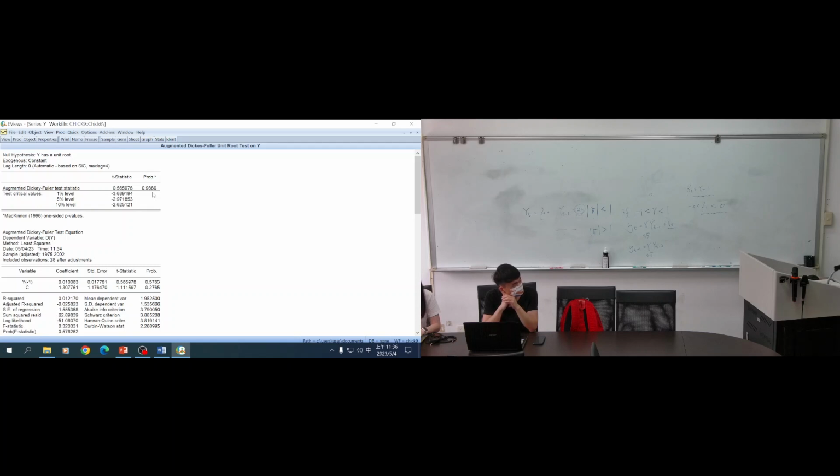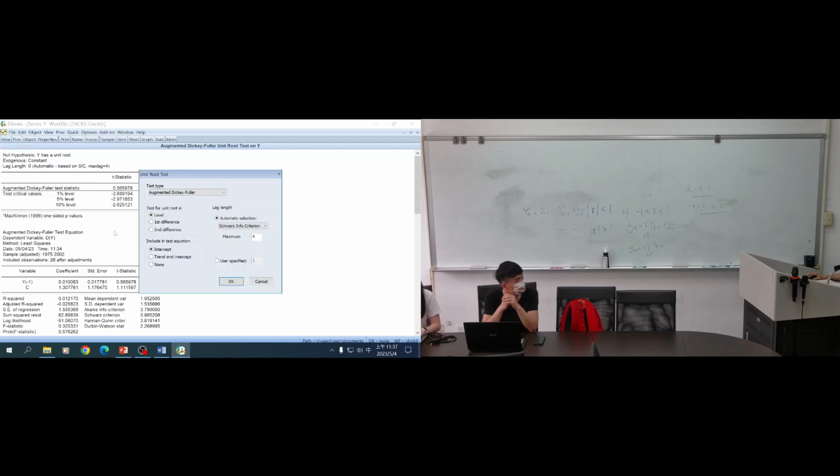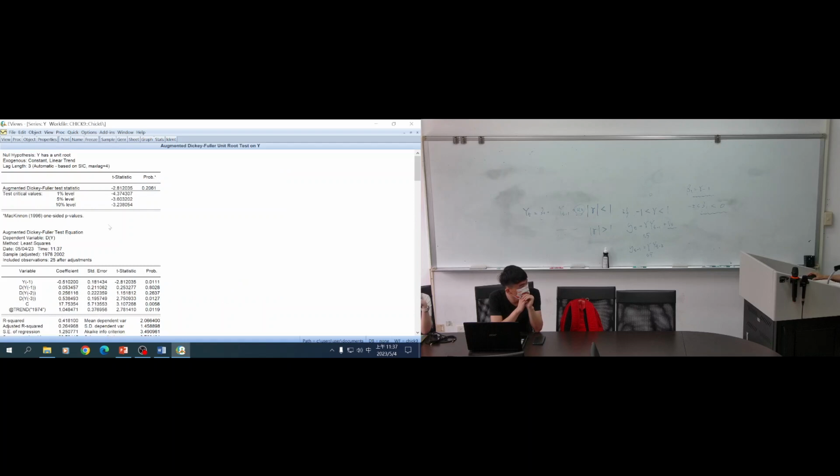So now do it again. Unit root test. If I do trend and intercept, I change it to trend and intercept, that's 29. That's the result.